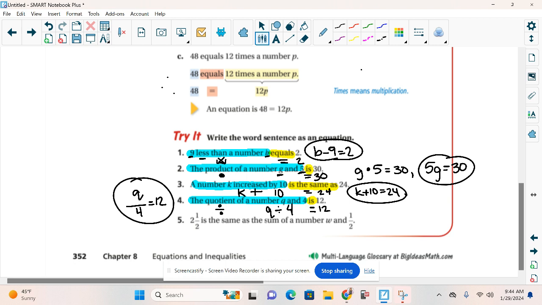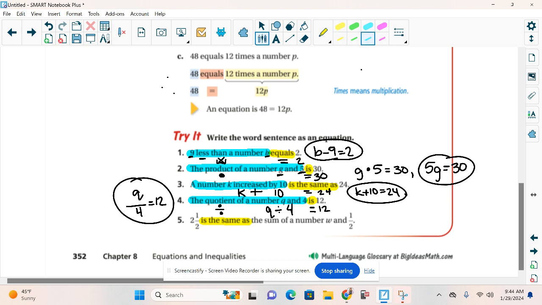Alright, number 5. Get out your equals highlighter. 2.5 is the same as the sum of a number W and a half. Is the same as. What's the problem part here?